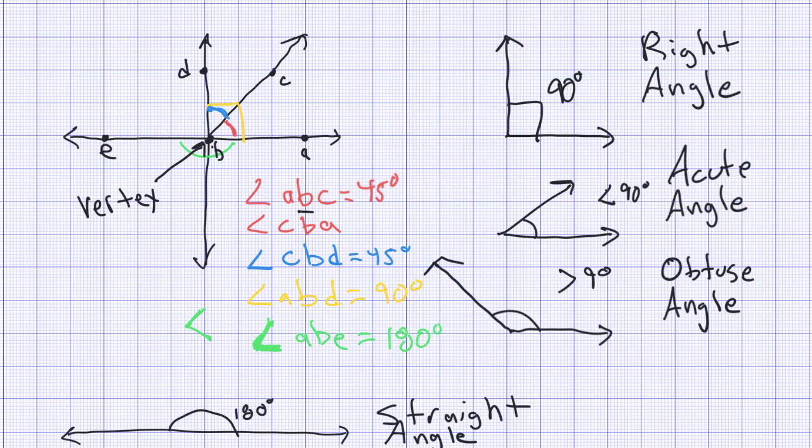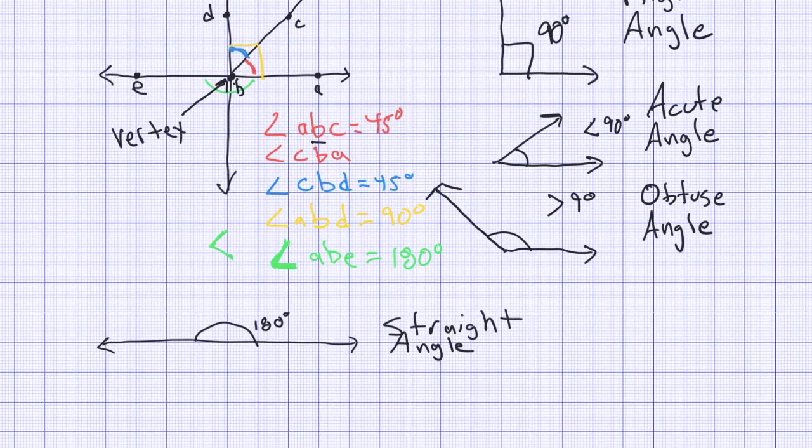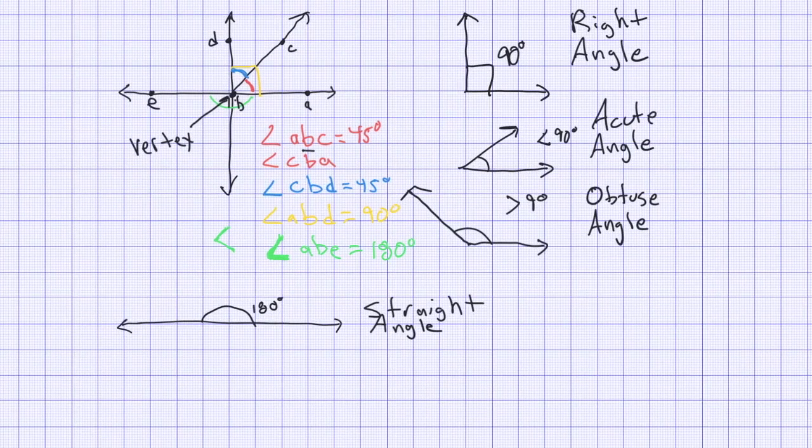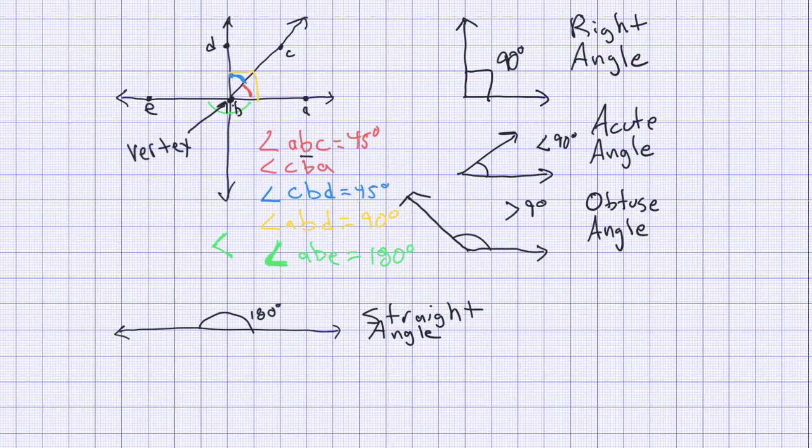All right, so I'm going to talk about a few other terms that we can get out of this. Now that we have this framework of how to label different angles, I'm going to talk about a couple more different angles. So let's talk about this thing called adjacent angles.